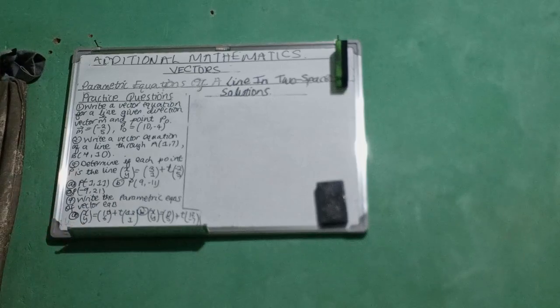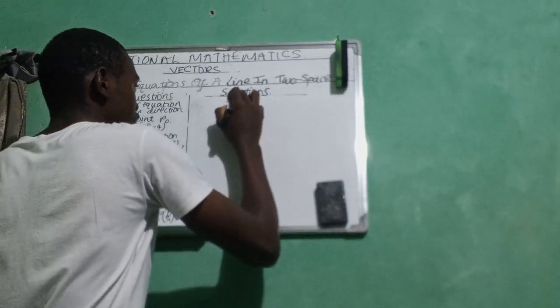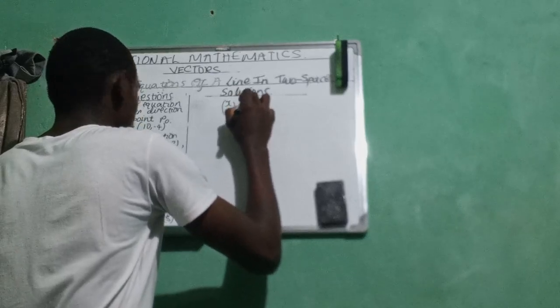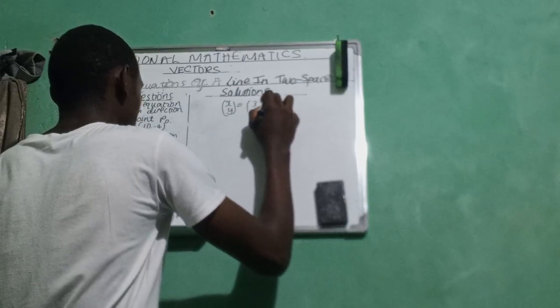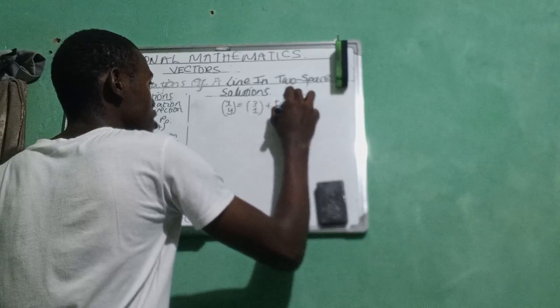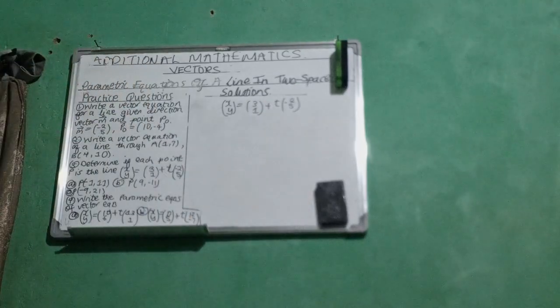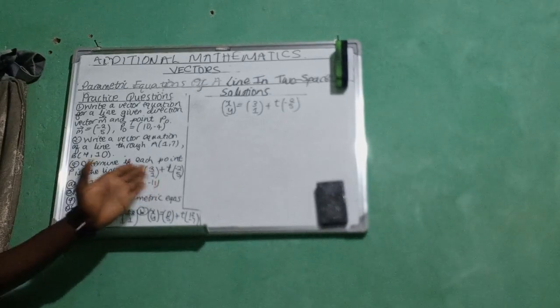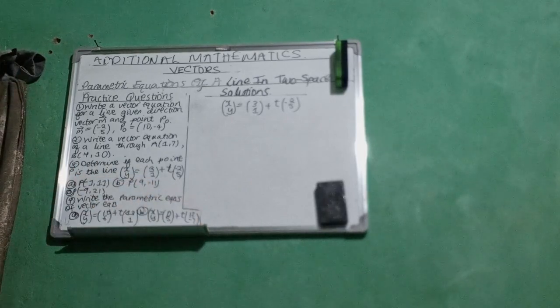First of all, the first thing that we do is write the vector equation. (x, y) is equal to (3, 1) plus t multiplied by the direction vector (-2, 5). So that is what we call a vector equation, and these are points with different coordinates.